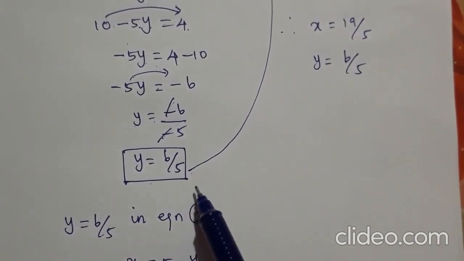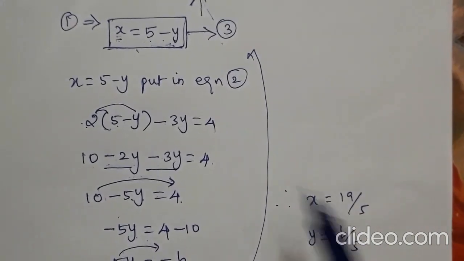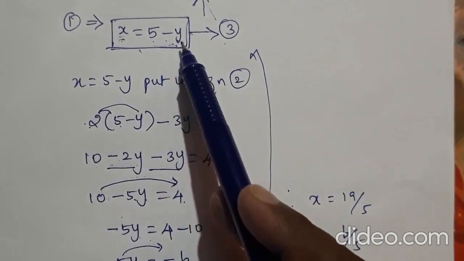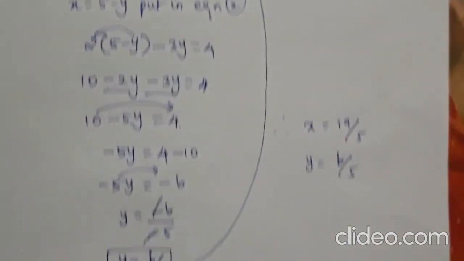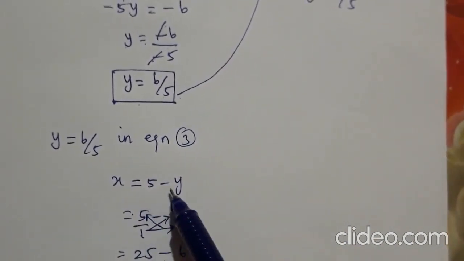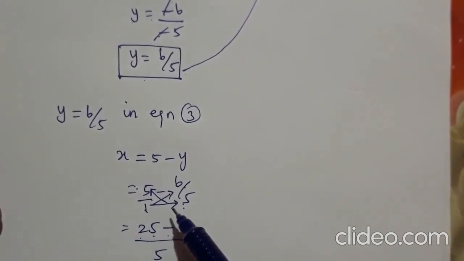After getting the y value, just substitute it in equation 3 because we have to find the x value. So in place of y we substitute 6 by 5. To get the x value you will get 5 minus 6 by 5. We can do LCM also.